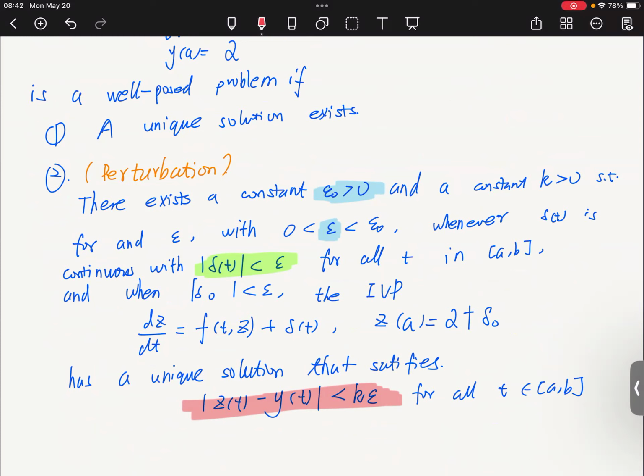So this is a rigorous definition for the perturbed problem and the small change corresponding to the perturbations.